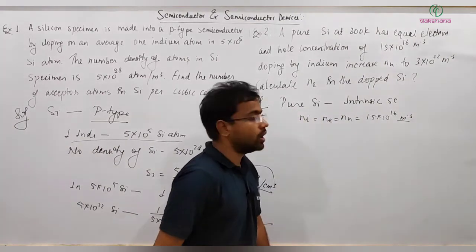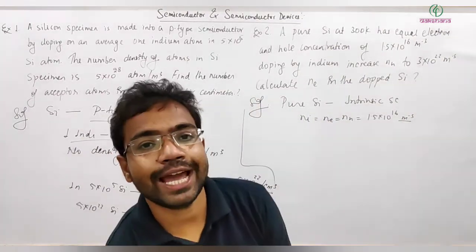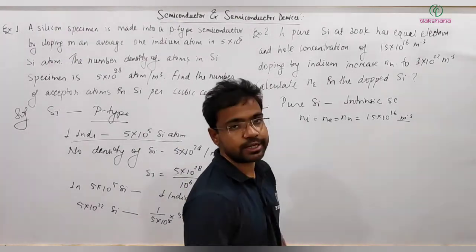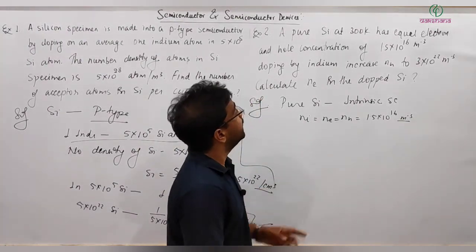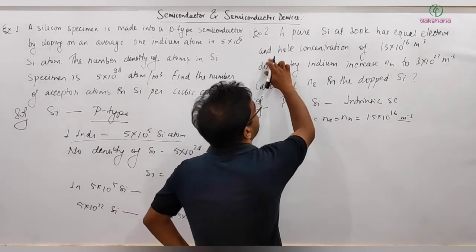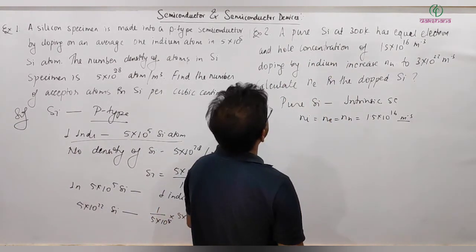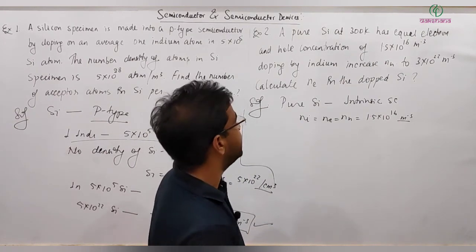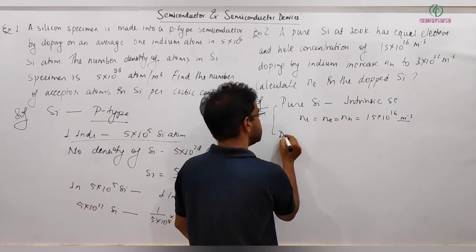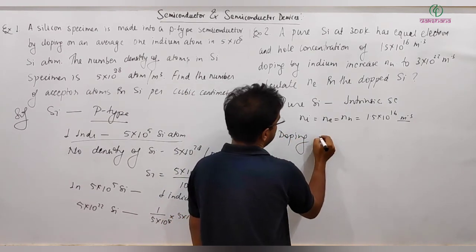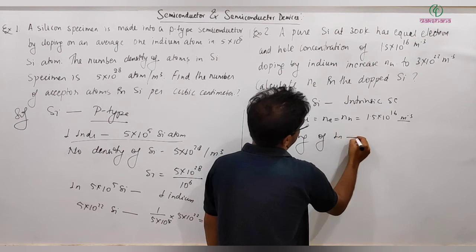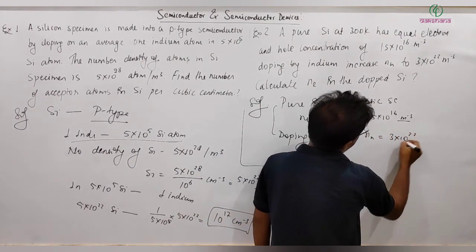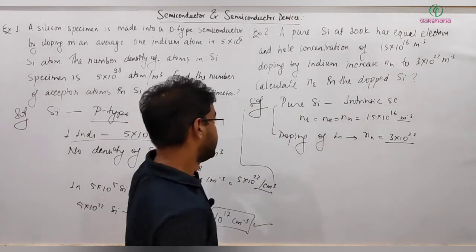This is the number density of holes and electrons, and that is equal to the intrinsic density, number density of intrinsic charge carriers. And here hole concentration, by doping with indium, increases Nh. So now some doping is done by indium, resulting in Nh equal to 3 into 10 raised to power 22. Clear? And now calculate Ne.